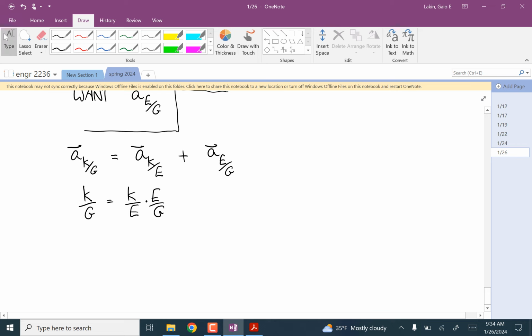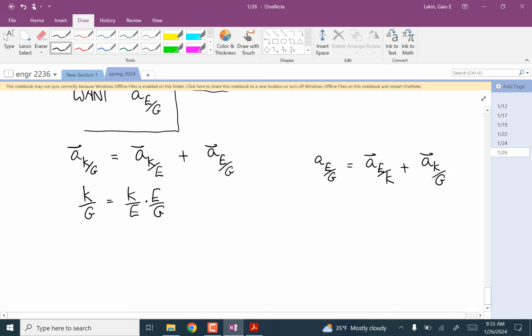We could have also done it as the acceleration of the elevator relative to the ground is equal to the acceleration of the elevator relative to the keys plus the acceleration of the keys relative to the ground.